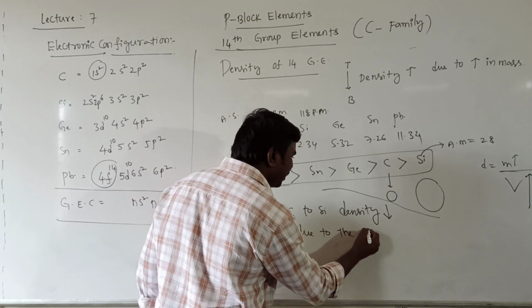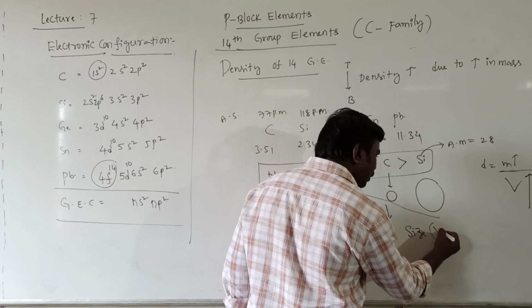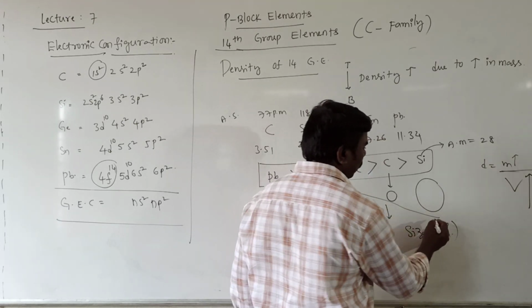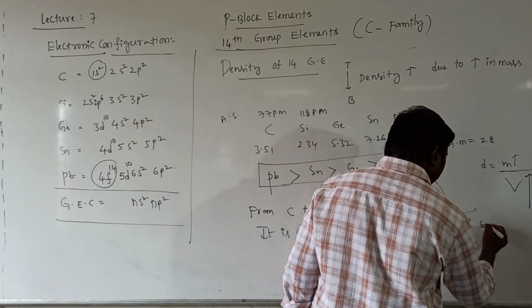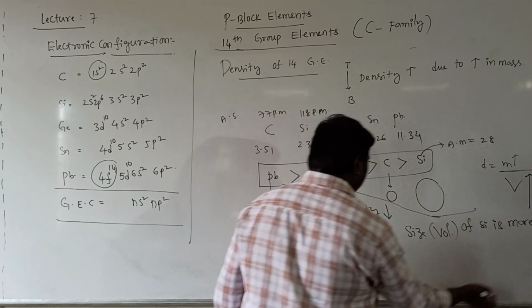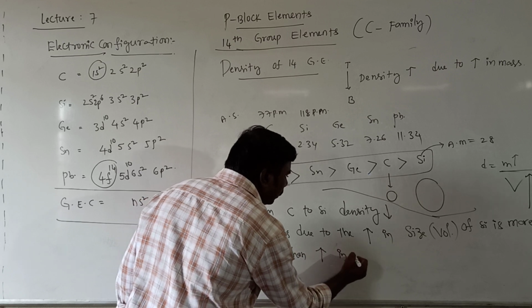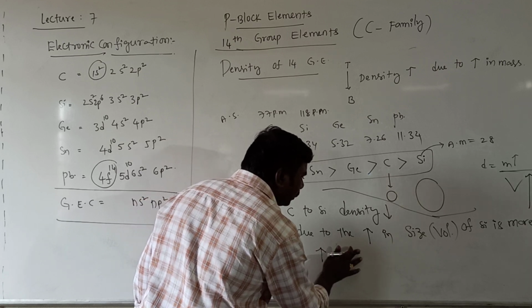It is due to the increase in size. Size means volume of silicon is more than the increase in mass.